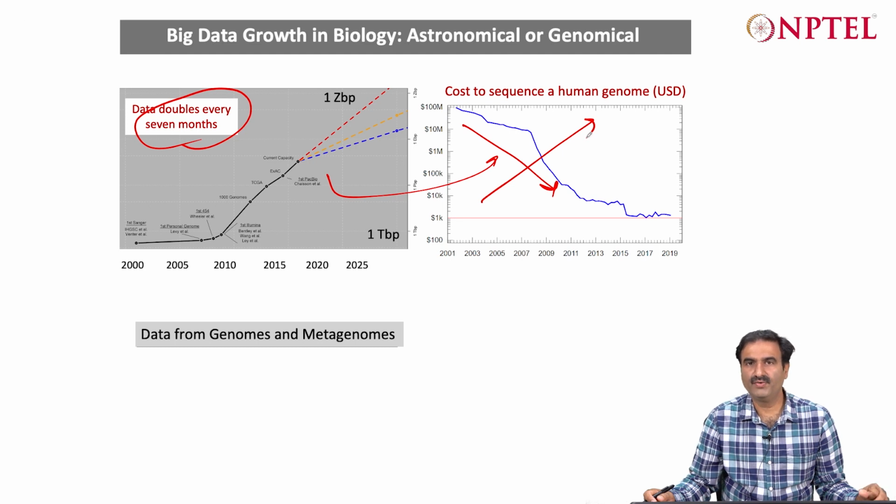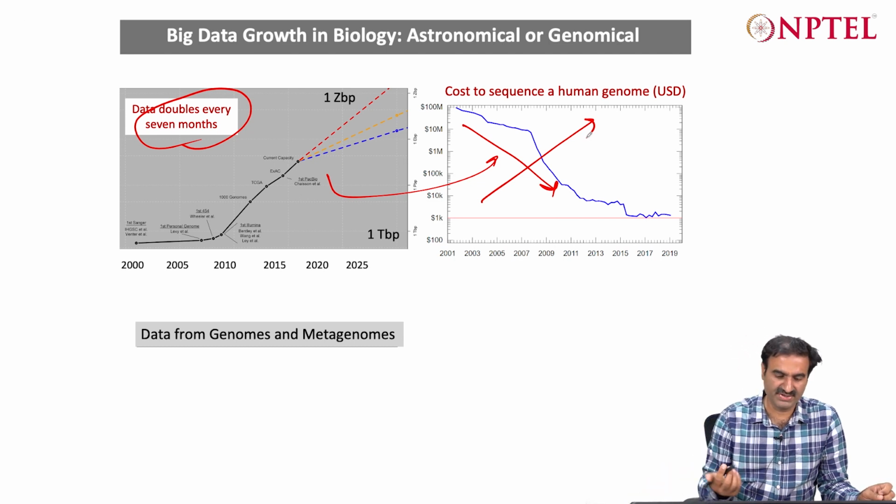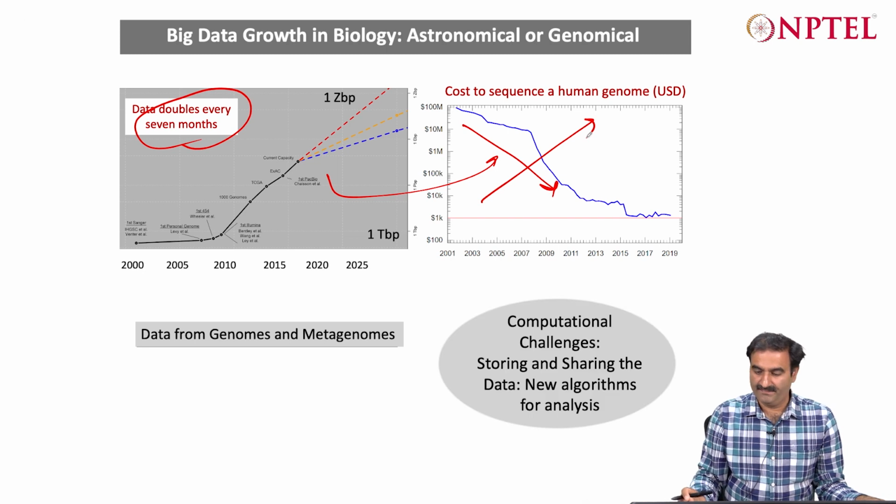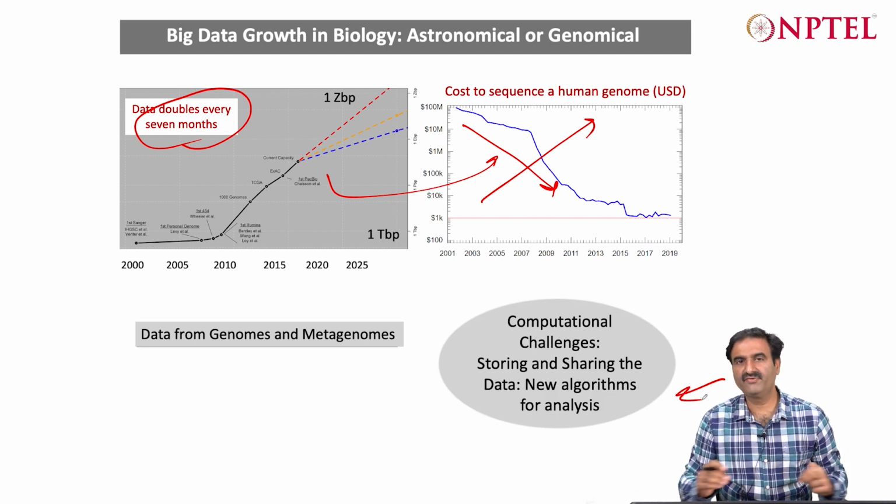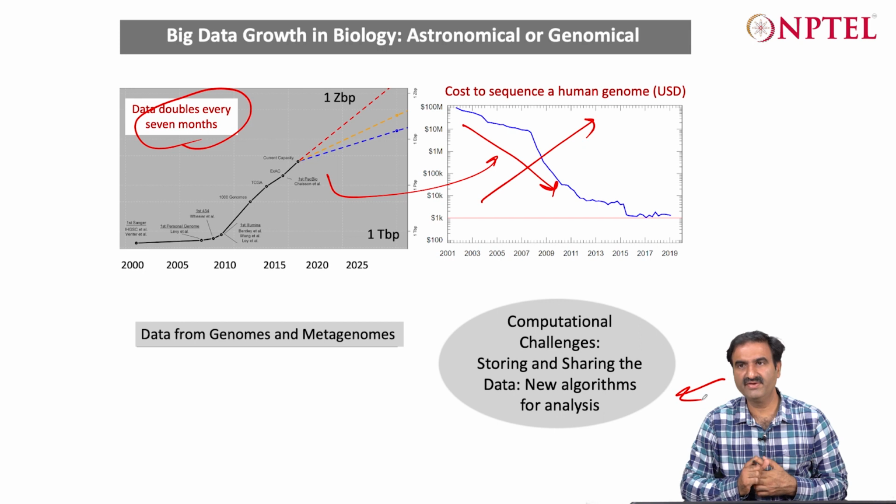Like in COVID recently, we generated so much data about the variants of the COVID virus in various regions, individuals and across the world, which also involved a huge amount of computational exercise to understand the origin, changes and drug targets in the viral genome. So basically this demands a lot of computational analysis to do computational genomics.